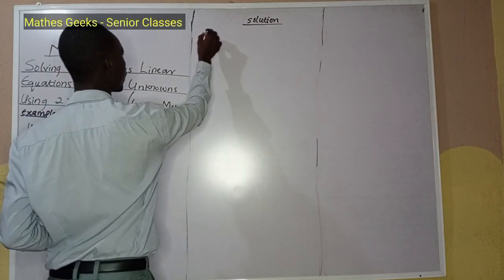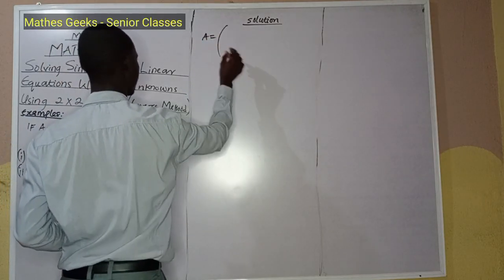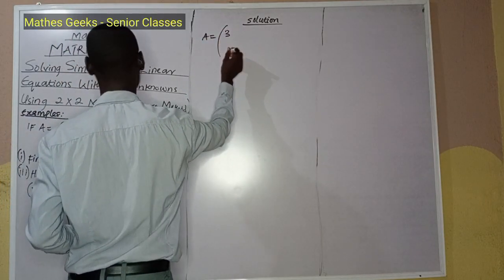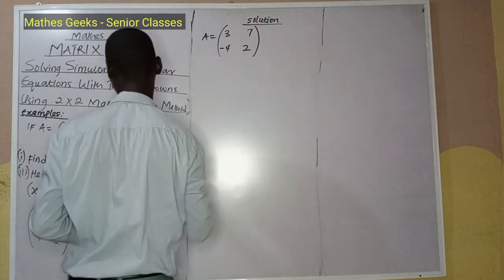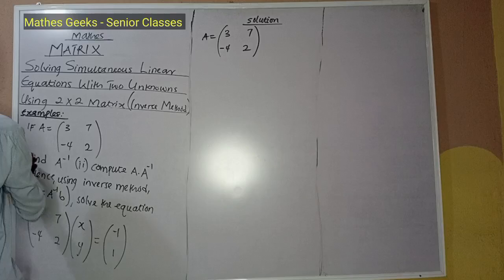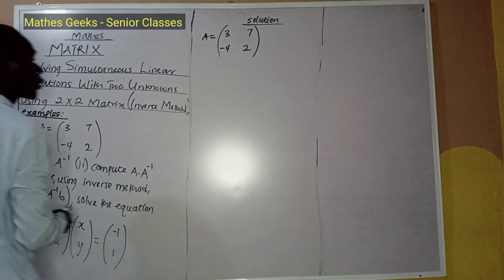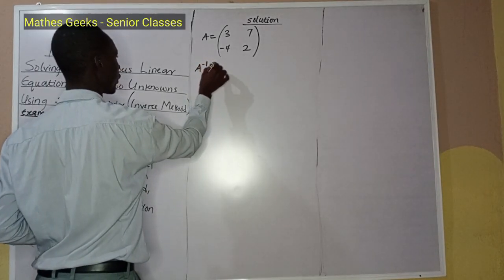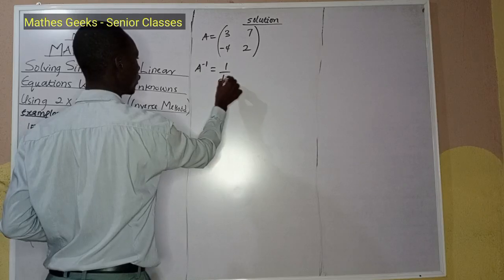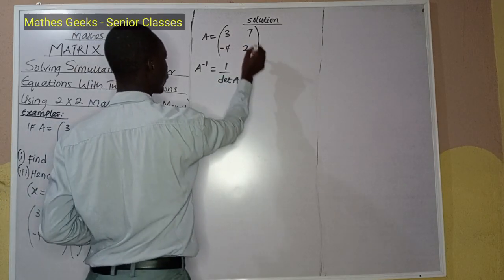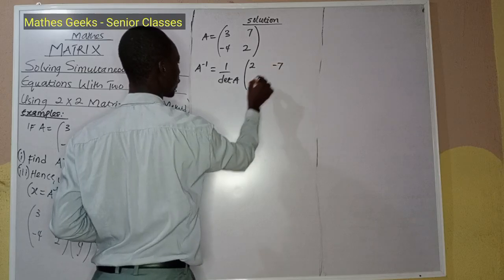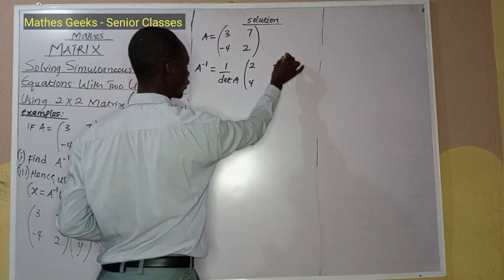So if matrix A is equal to [3, -4; 7, 2], find A inverse. A inverse equals 1 over determinant A, times [2, 4; -7, 3].